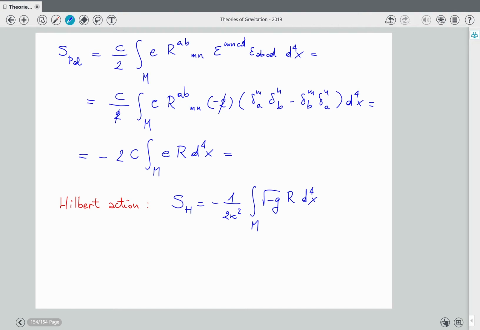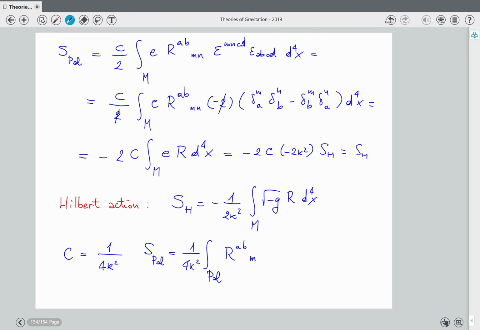And that means that the Palatini action is equal to minus 2c times minus 2k squared, the Hilbert action. So it should be equal, of course, to the Hilbert action, which means we choose c equal to 1 over 4k squared. And that is the Palatini action.